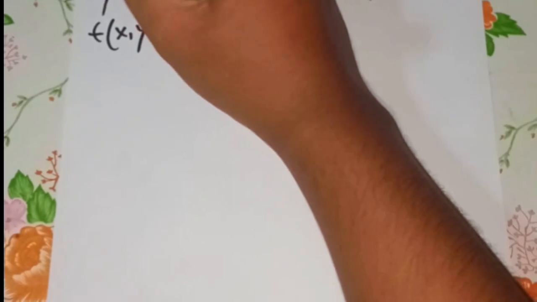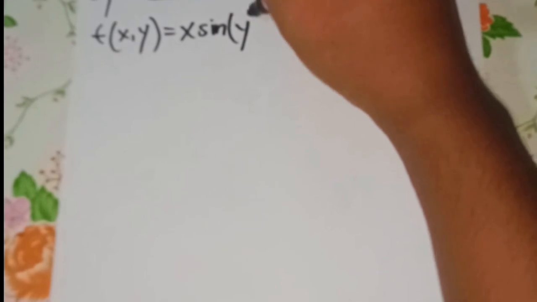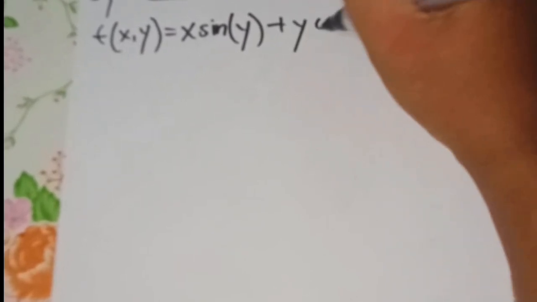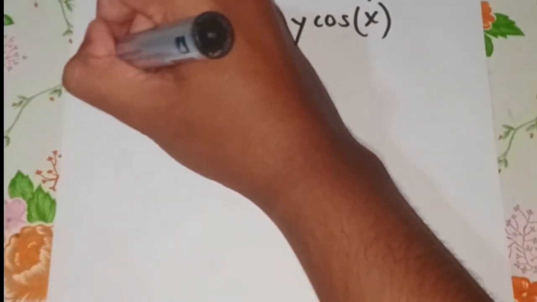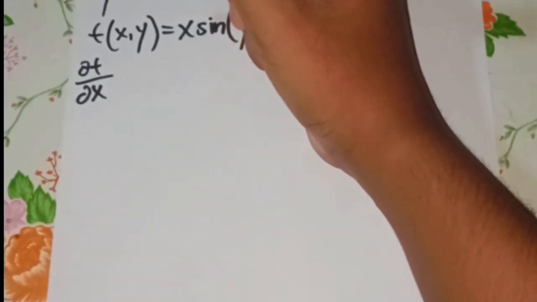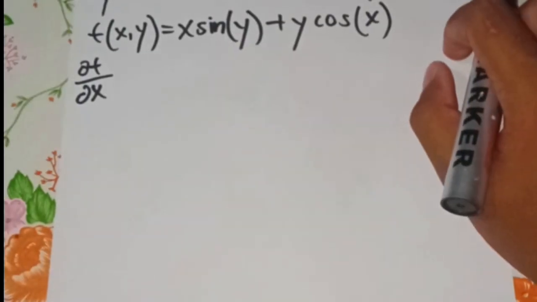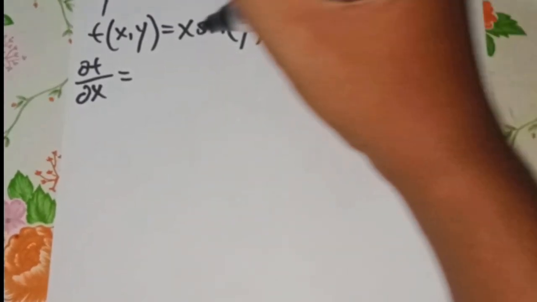We have another example here. f of x and y equals x sine y plus y cosine x. To find the partial derivative of f with respect to x, we treat y as a constant and differentiate each term with respect to x. So, the derivative of x sine y with respect to x.